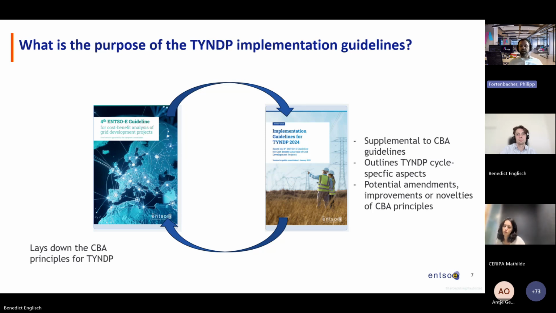They outline TYNDP cycle-specific aspects, and if we have potential improvements or novelties in terms of new methodologies or CBA principles, those are then fed back into a new version of the CBA guideline. So the CBA guideline lasts for a couple of cycles, whereas the implementation guidelines are only cycle specific, in our case now for the TYNDP 2026.